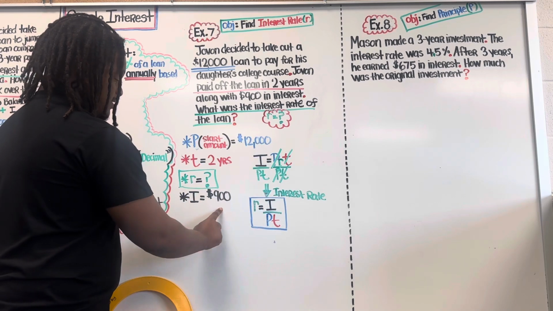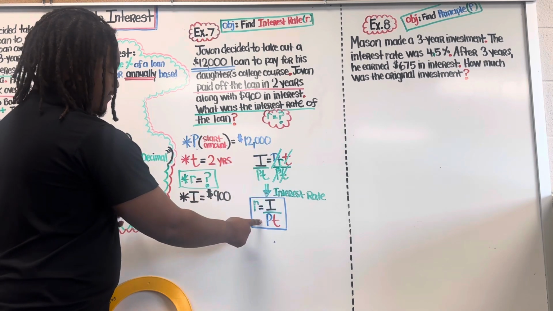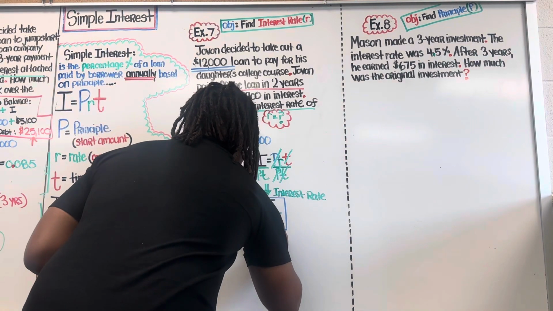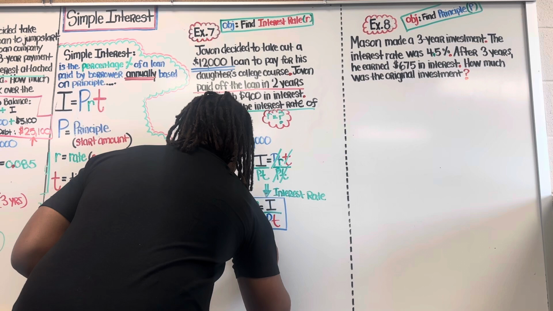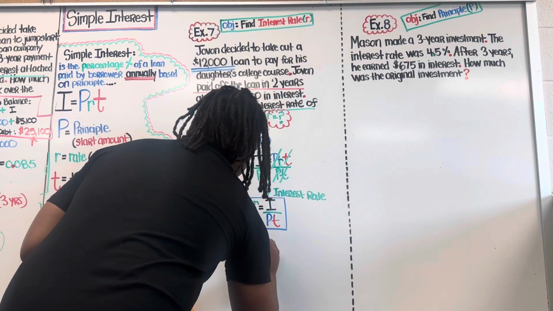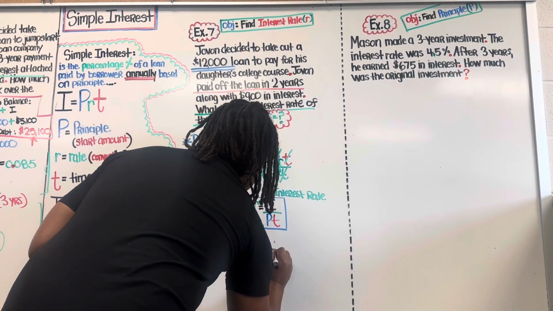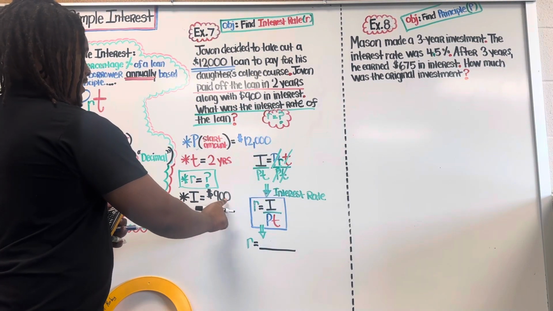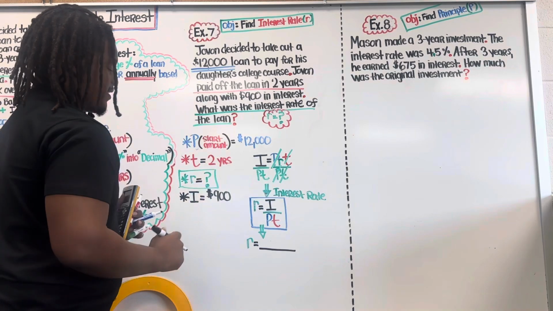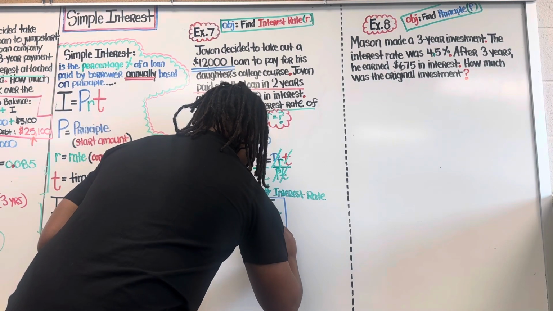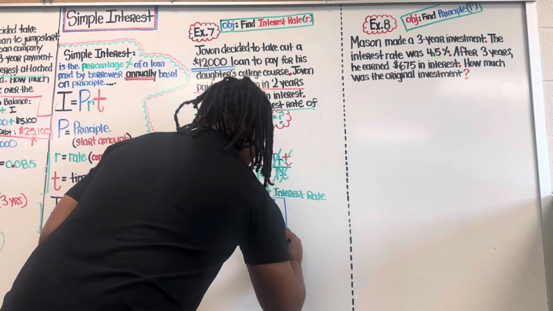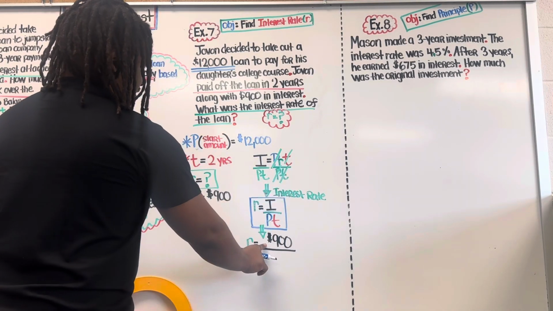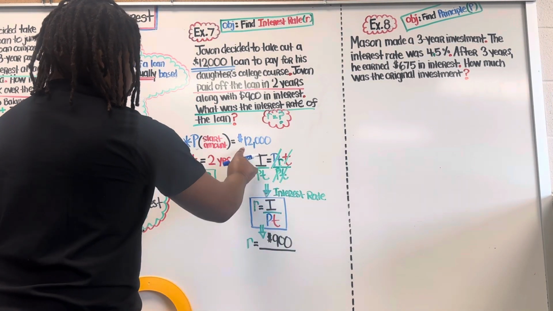We have I, which is 900. We have the principal, which is 12,000. We have T, which is 2 years, okay? So now let's follow that, guys. R equals the interest that the loan gained over a span of 2 years, which was $900, divided by the principal.